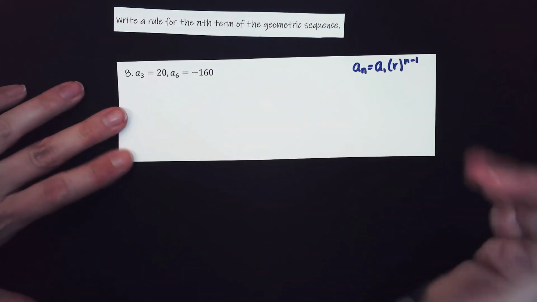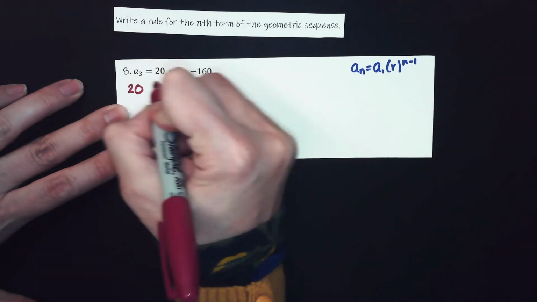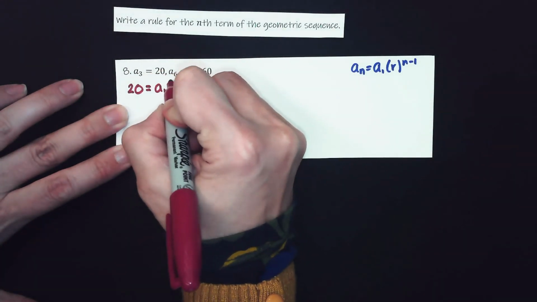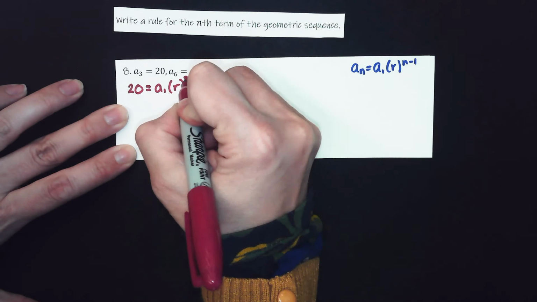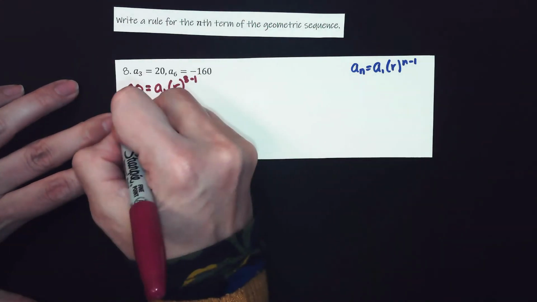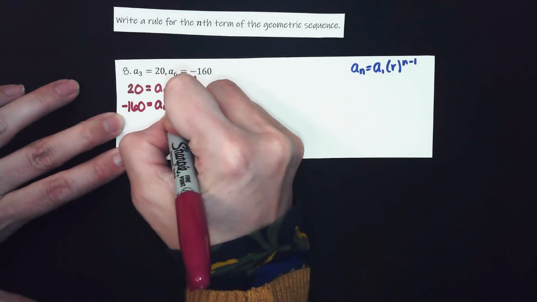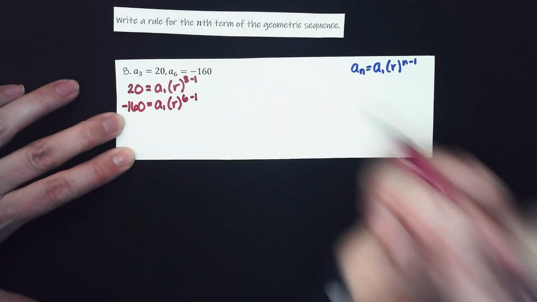So if n is 3, a sub n is 20, that gives me 20 equals a1 times r to the 3 minus 1 power. Then if a sub n is negative 160 when n is 6, a1 times r to the 6 minus 1 power.